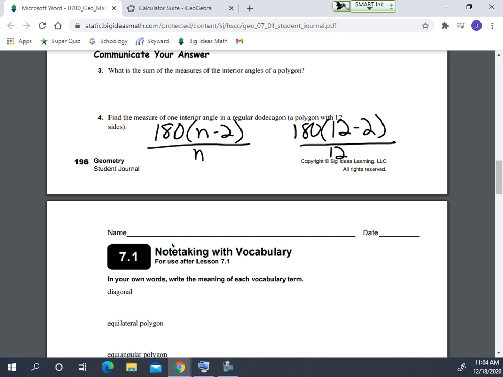Grab your calculator. 180 times 10, we can do that in our head, right? We have 1800. So 1800 divided by 12 is 150. So 150 degrees is the measure of one angle in a regular 12-sided figure. That's important to know. It's a regular 12-sided figure.